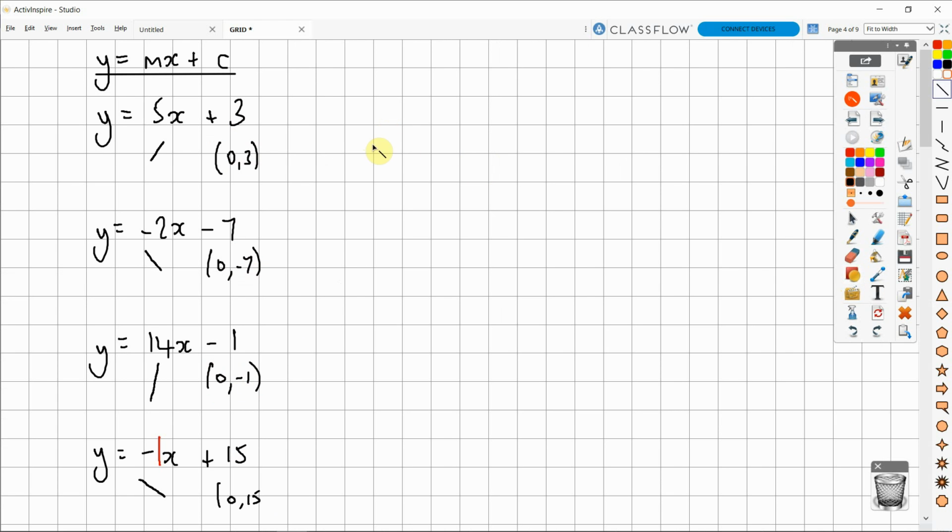So what I can do really quite quickly now is I can sketch some graphs of roughly what these are going to look like, just to give me a rough idea.